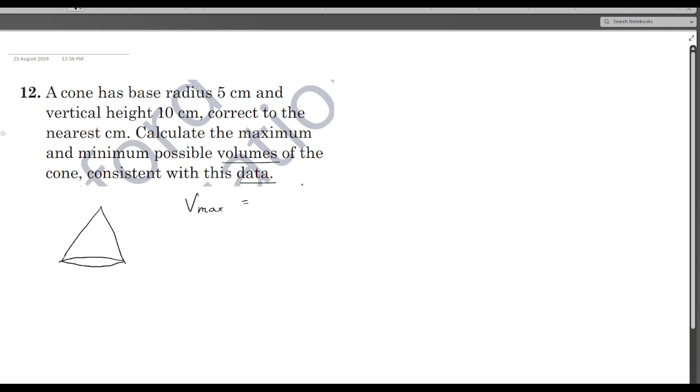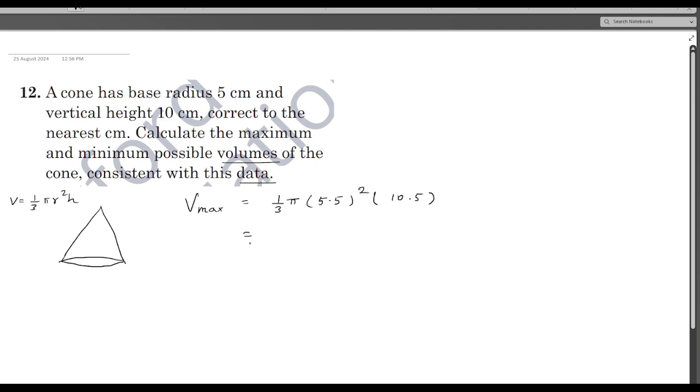Now formula for volume is 1/3 pi r square h. So here it is 1/3 pi. Now radius is 5, correct up to nearest centimeter. So if I have to find out the maximum volume, I will consider 5.5 centimeter, and height in place of 10 I will consider 10.5.